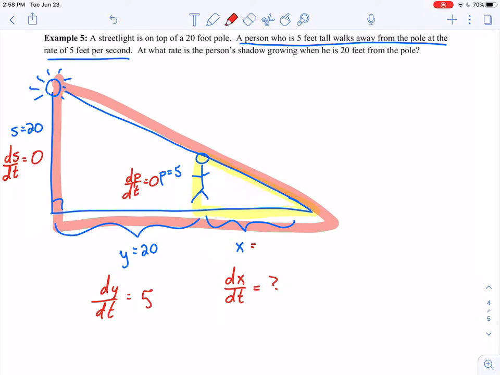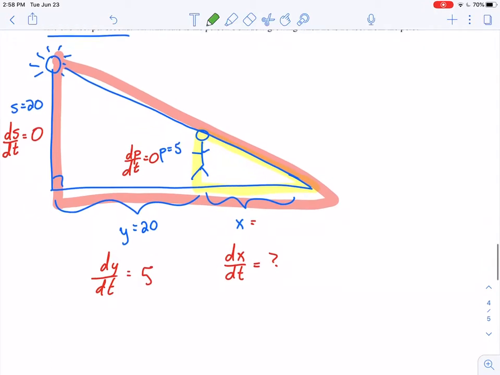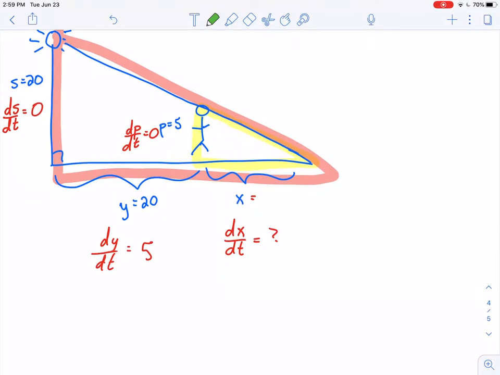And what do I know about similar triangles? Well, I know that similar triangles are proportional. So that means I can set up a ratio of sides between the big triangle, the red triangle, and the little triangle, the yellow one. So I'm going to do just that.